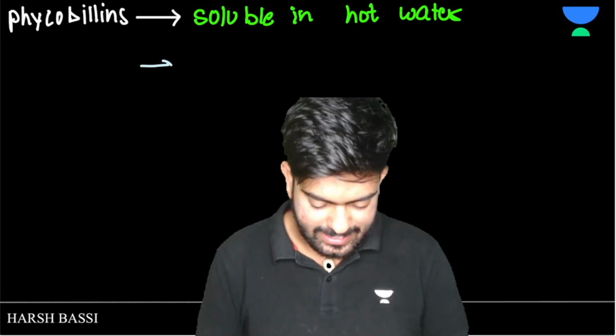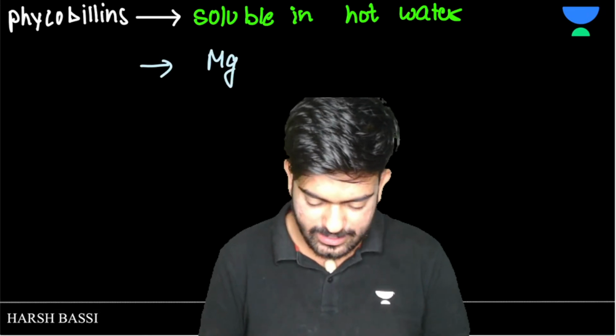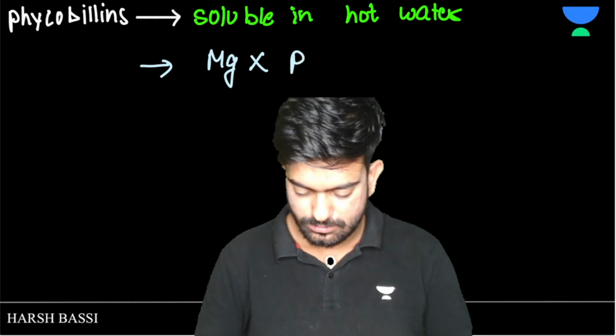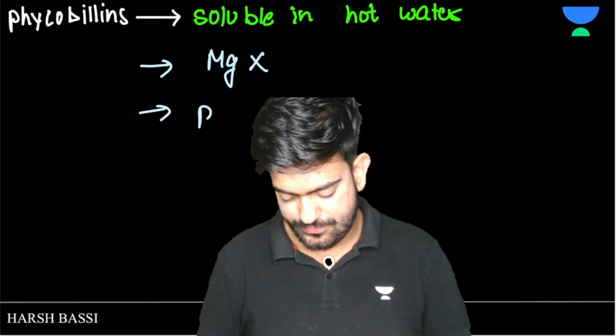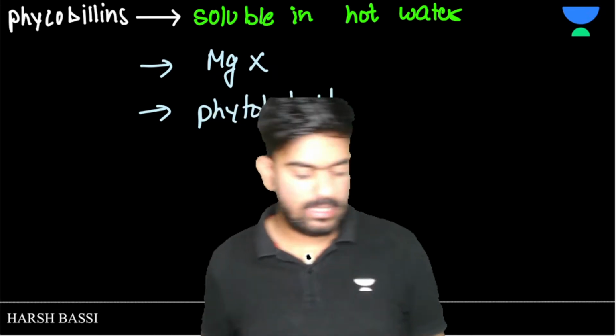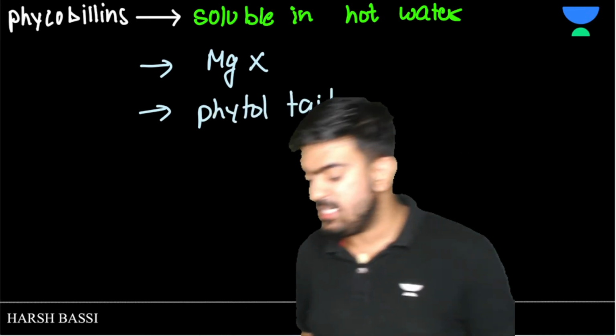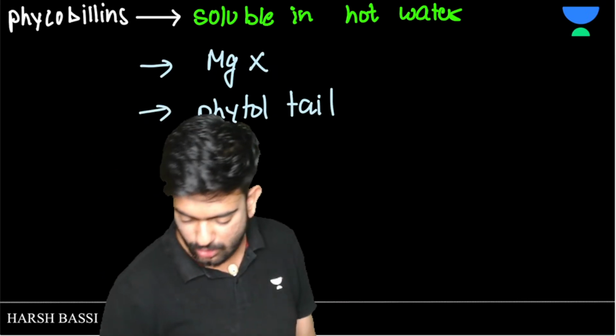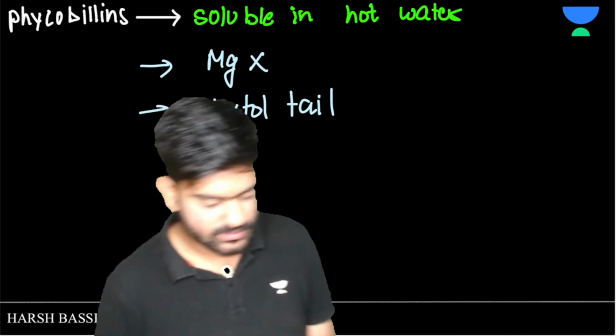Okay, now they lack what? They don't contain Mg. Mg is not present in them, and they also lack the phytol tail. Clear to everyone? Yes or no? Great, sir.